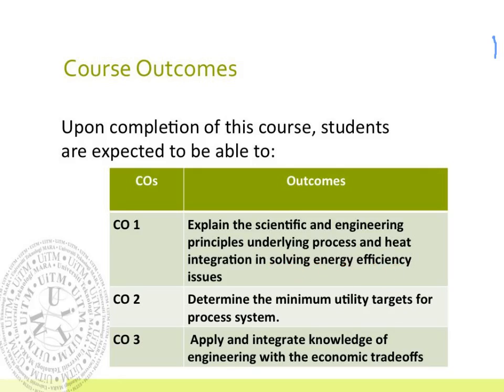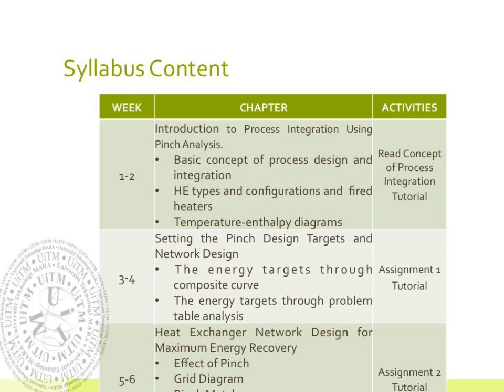Then for you to determine the minimum utility targets for process systems, and apply and integrate the engineering knowledge with economic trade-offs. So that's the 3 course outcomes expected at the end of the semester.